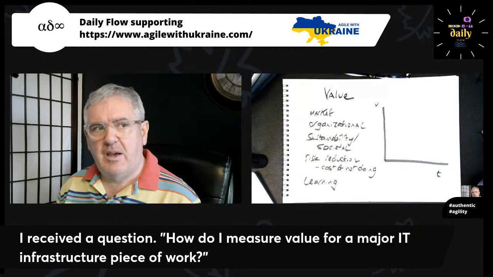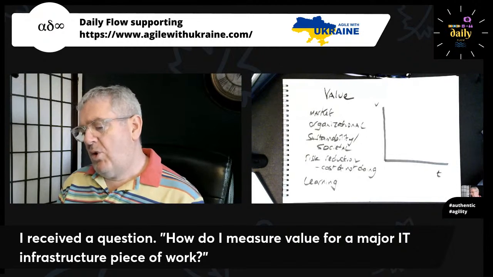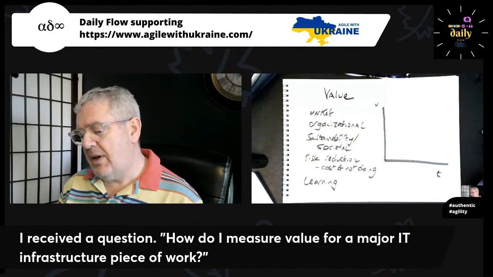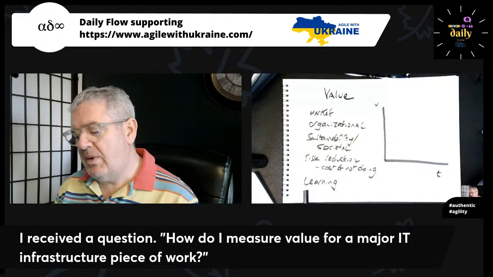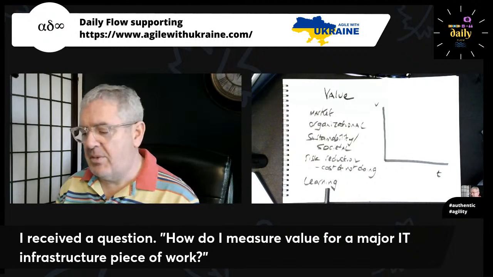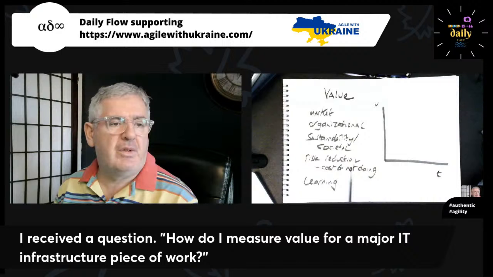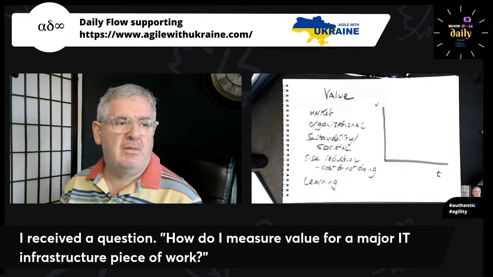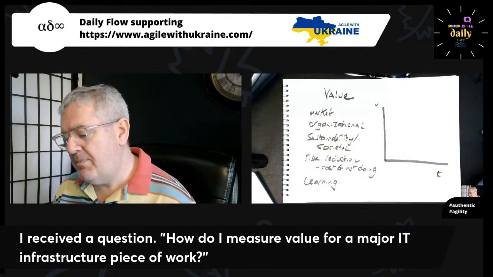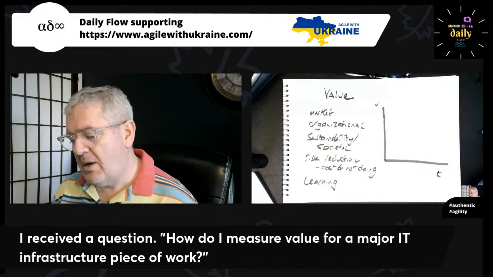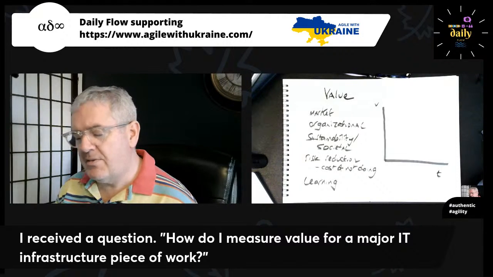And then a more mature lens on value as well would be to say, well, we have some learning. We learned something about one of these above, and there's value also in learning. I would argue that learning is the first citizen.